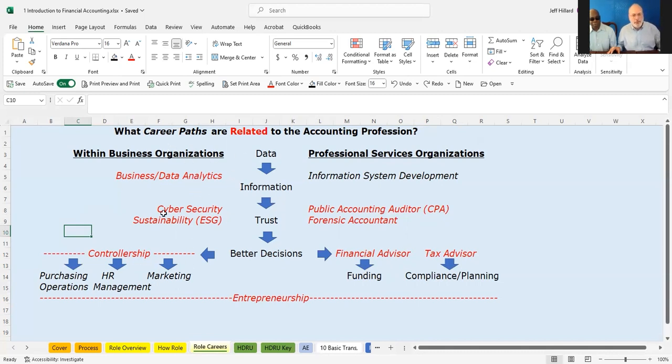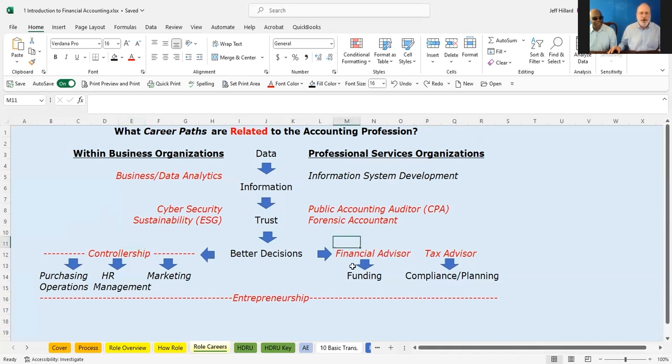Certainly, all of them would require some accounting knowledge. Controllership is the term used for internal accountants. Actually, three-quarters of all accountants work within companies, approximately. So controllership is the people that work within organizations, businesses, and not-for-profits, and interact with these organizations here.